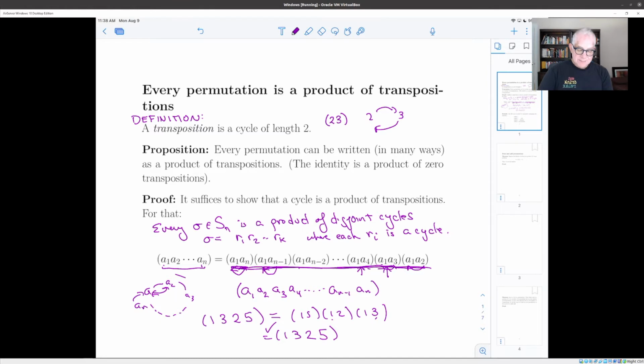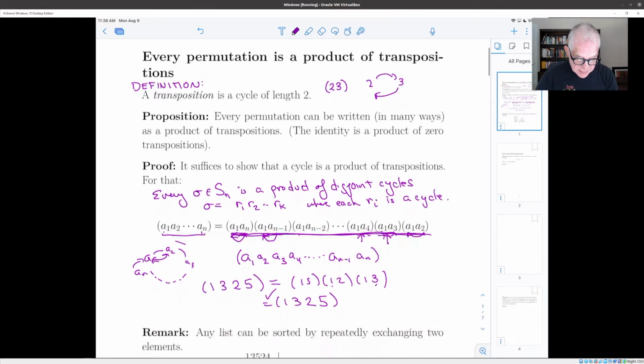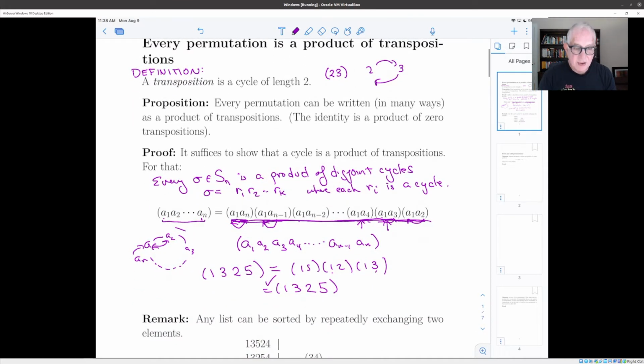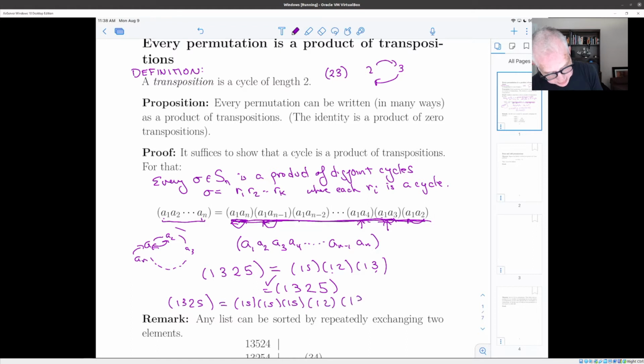Now, this isn't the only way. This is one way to write a cycle as a product of transpositions. The reason it's not the only way is because, for example, you could always stick in some silly things. For instance, you could write (1 3 2 5) as (1 5)(1 5)(1 5)(1 2)(1 3).